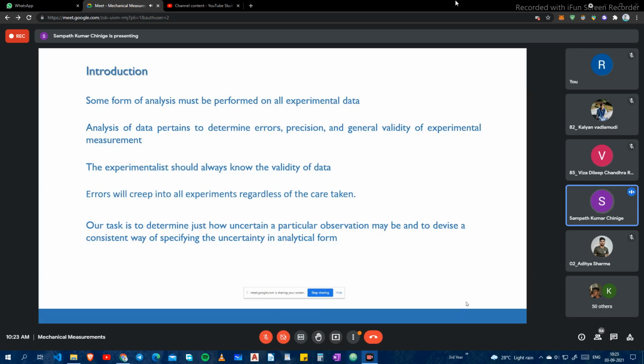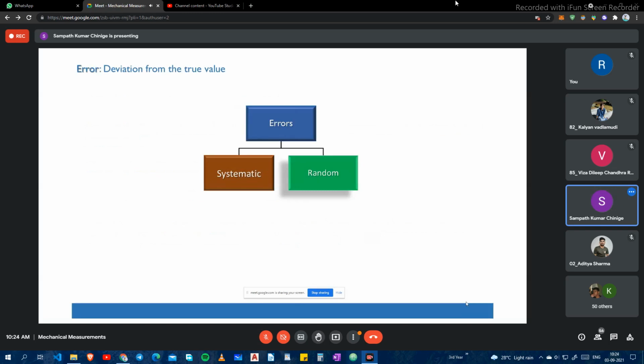This is the maximum range; it will not go out of this range. Secondly, you should be able to specify that in some analytical, mathematical form, so you can communicate it to others. That is the task of a good experimentalist.